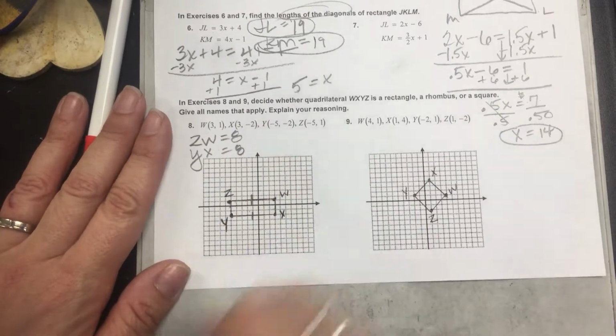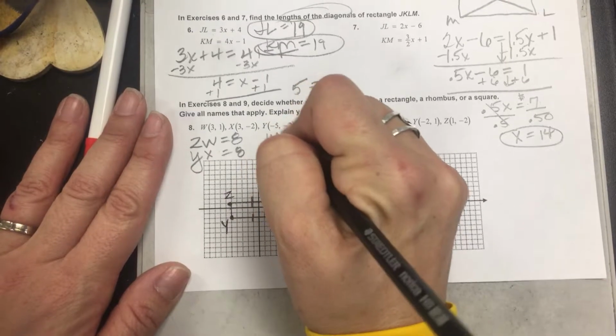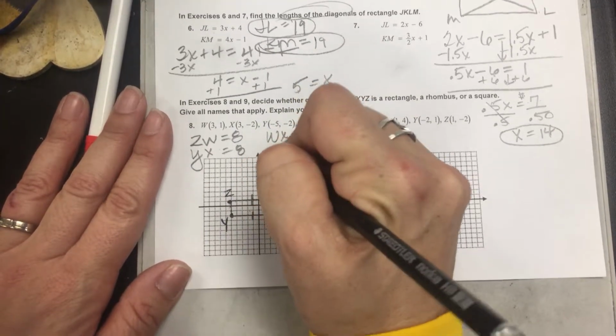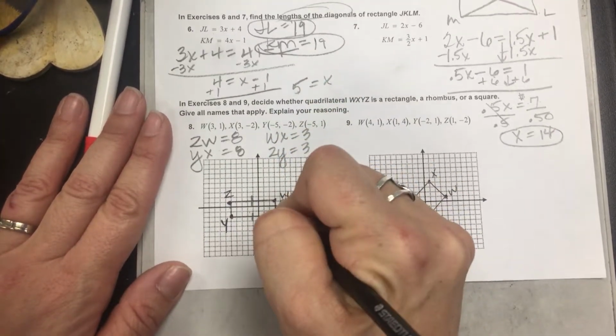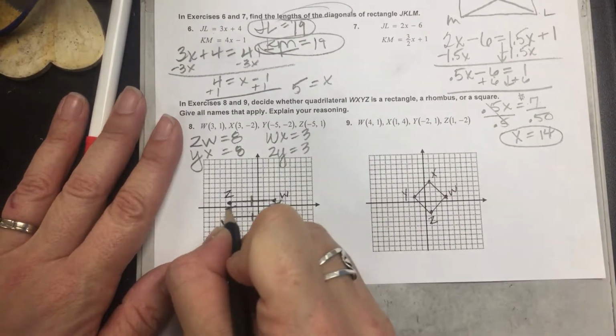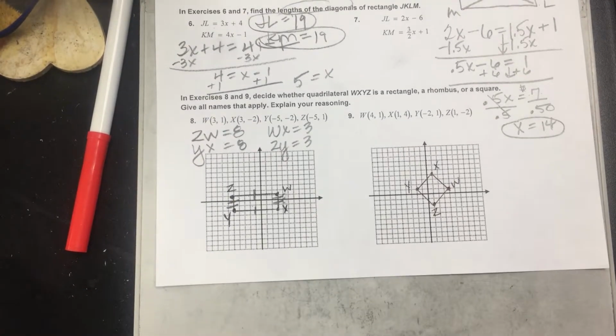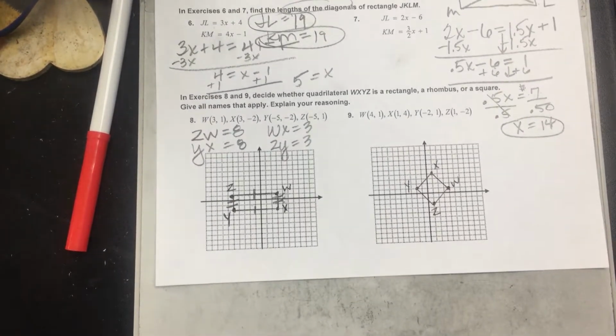So this pair of opposite sides is congruent. WX is 1, 2, 3. ZY is 1, 2, 3. So I can mark these. Do I expect to see the lengths written? I absolutely do. Right now, I've got a parallelogram.